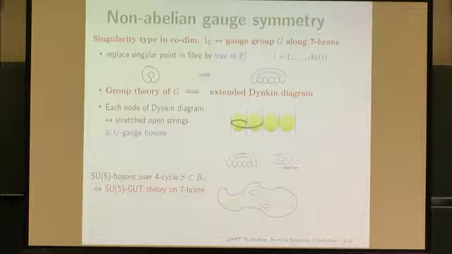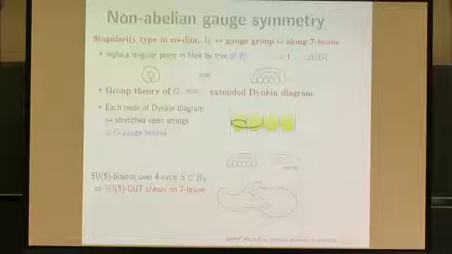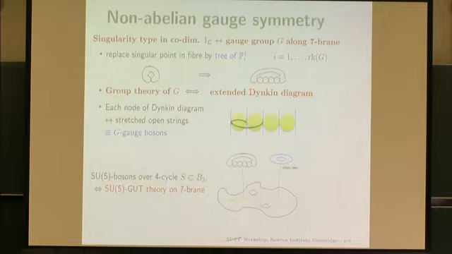In particular, each of the P1s that we paste in order to resolve our singularity corresponds to a node of the affine Dynkin diagram of the corresponding gauge group. And M2-branes wrapping those P1s then correspond to the off-diagonal elements of the corresponding ADE gauge groups. Or in type IIB language, we get open strings stretching between the endpoints, so to speak, of these various P1s, which then in M-theory would be fattened to M2-branes.